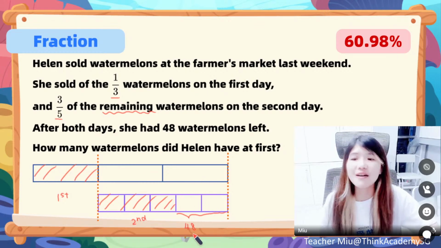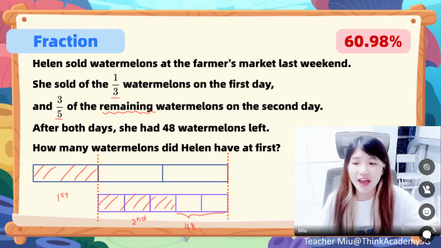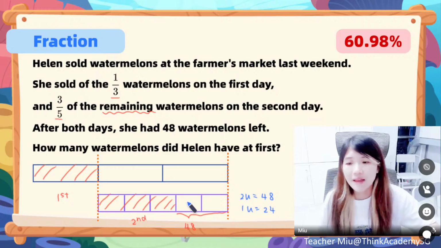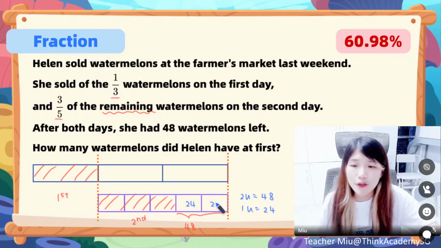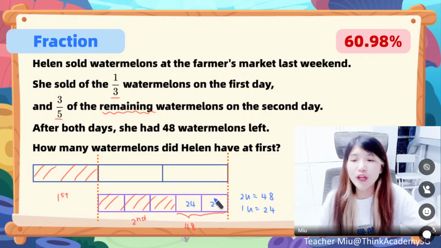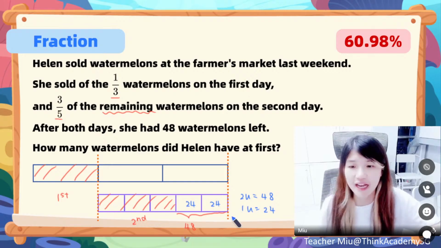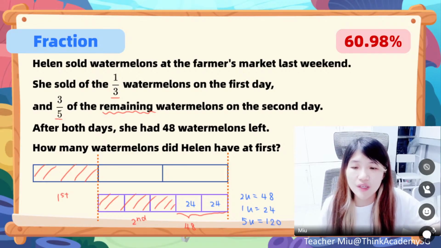Now if we find out that 48 is for 2 small units, then 1 small unit refers to 24. So this part is 24, and this part is also 24. The whole remaining after the first day is supposed to be 5 such small units, which would go to 120 watermelons.